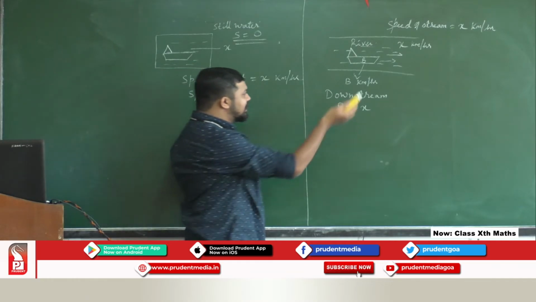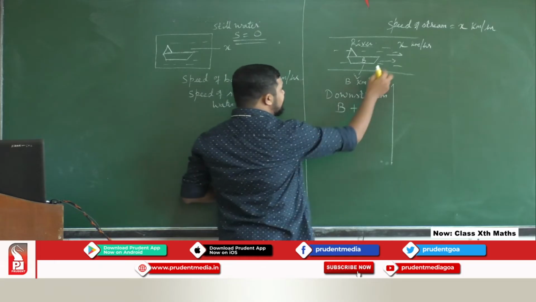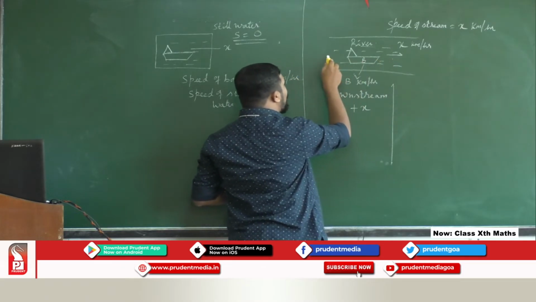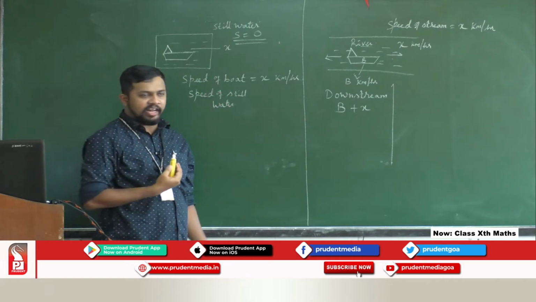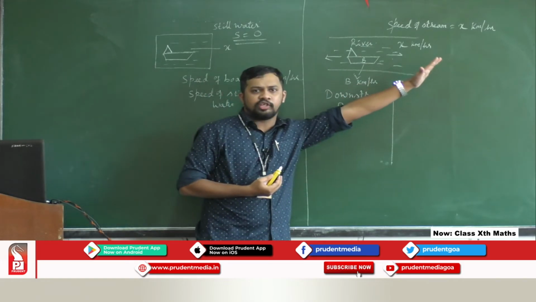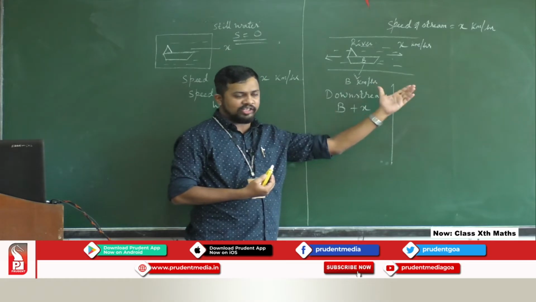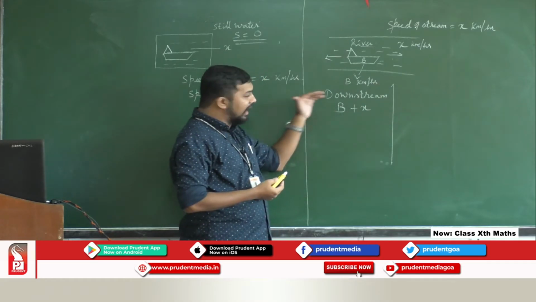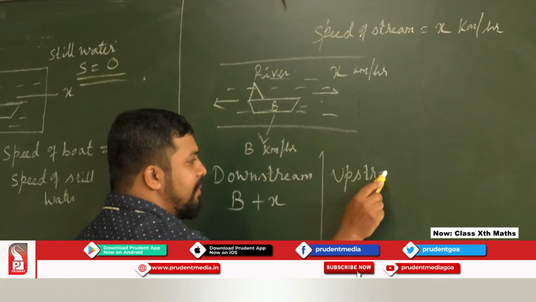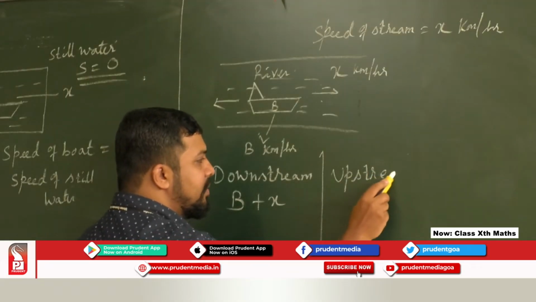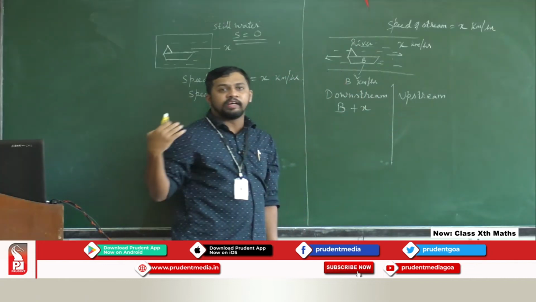Now we will take the second condition, wherein the boat moves in the opposite direction. The boat is moving in the opposite direction. Water will go in the same direction only, but both are moving in opposite directions. That concept is called upstream. That means you are moving against the flow of the river.